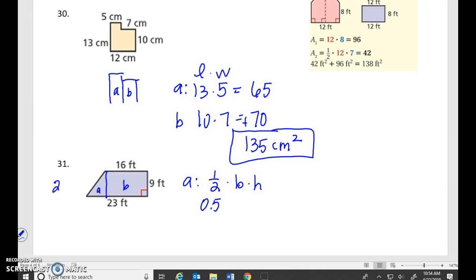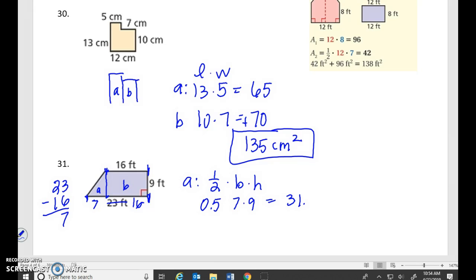You subtract 23 minus 16 and you get 7. 23 is from here to here, and 16 is from here to here. So 23 minus 16 is 7 from there to there. Cross that out, and then the rest of it will be 16, right? So I'm going to say 7 times, what is my height from the base to the very tip top? 9.